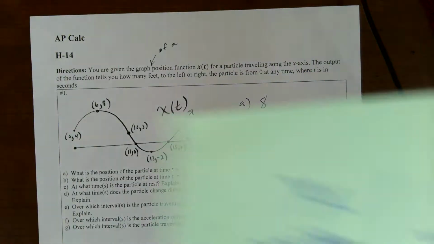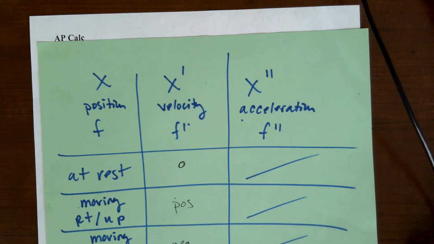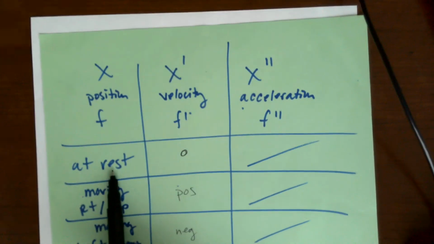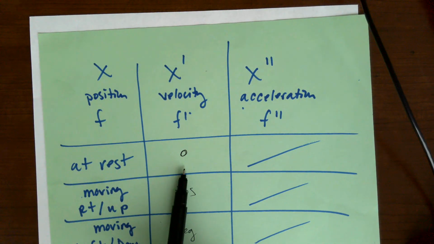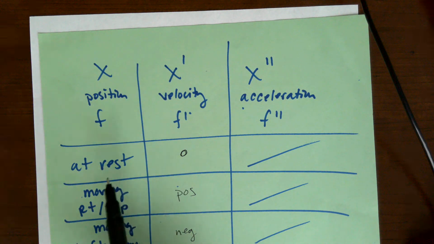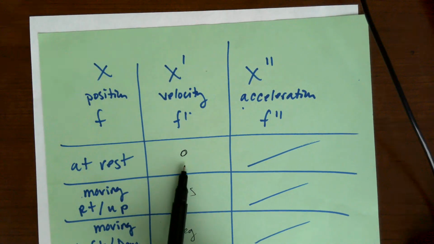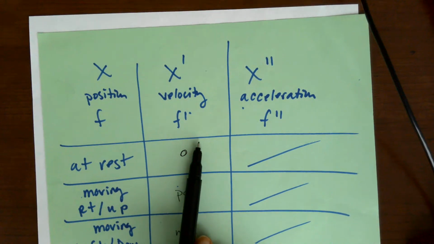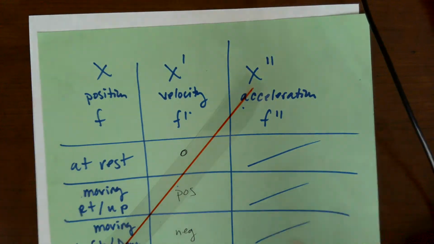Okay, so at rest would indicate that velocity is 0. And velocity, guys, is the first derivative. So velocity is the slope of the tangent line.